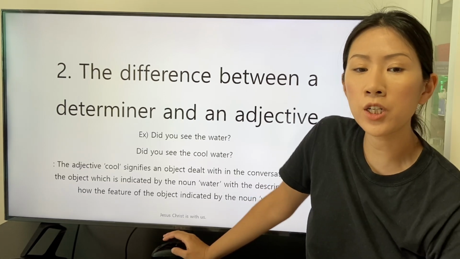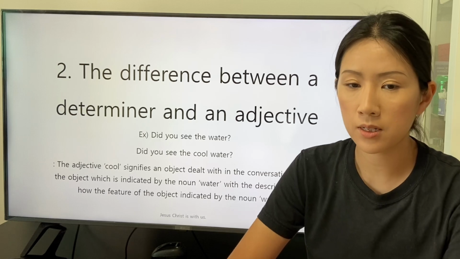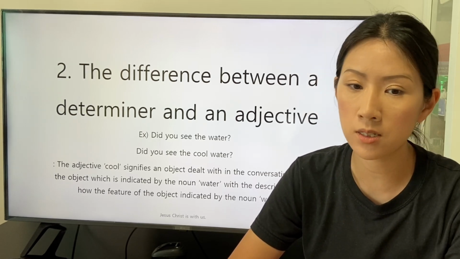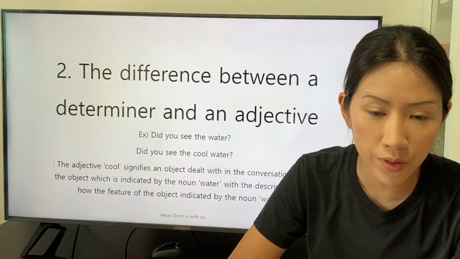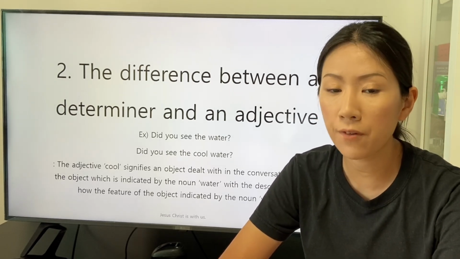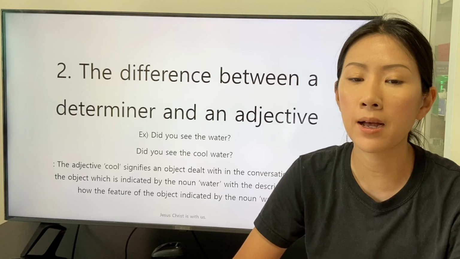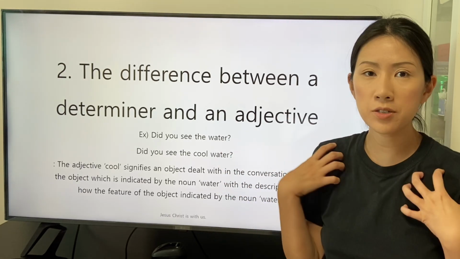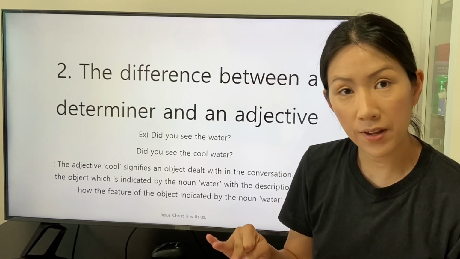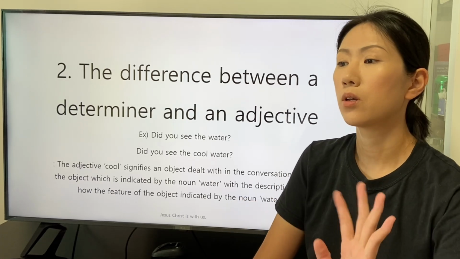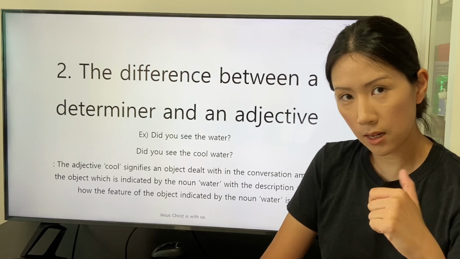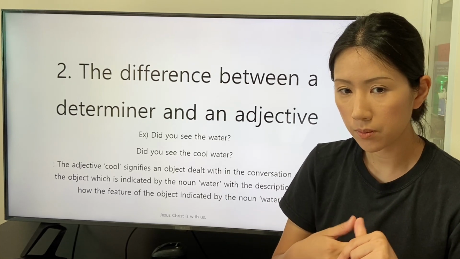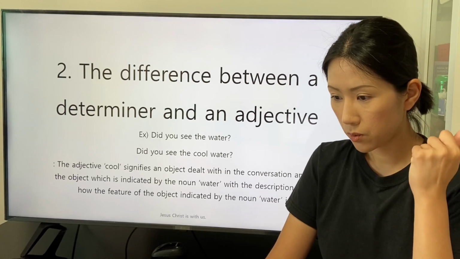The adjective cool signifies an object dealt with in the conversation among the objects indicated by the noun water, with the description of what the feature of the object is. We can understand that the condition, according to the definition of the adjective cool, is applied to specify the range of the object indicated by the material noun water.